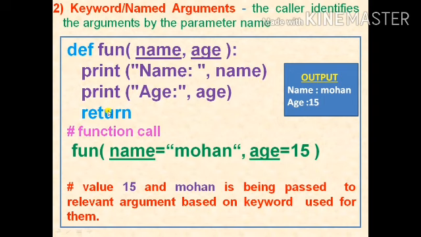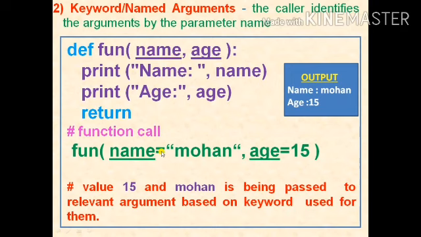When we call that function fun, we can directly supply the value of that parameter by referencing the particular keyword or parameter which is defined in the definition section of the function.